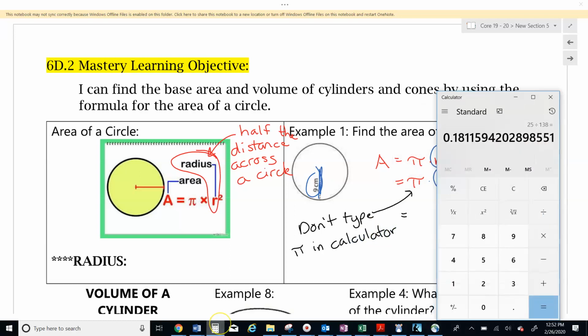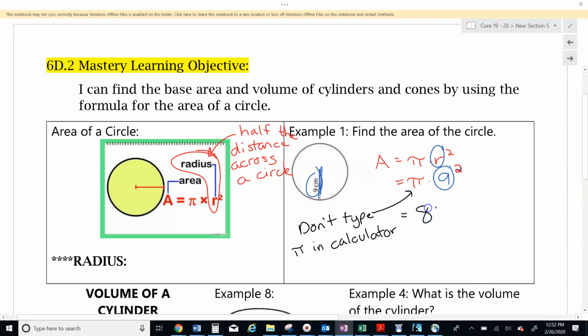So I'm just going to type 9 squared, which equals 81. So I get 81.